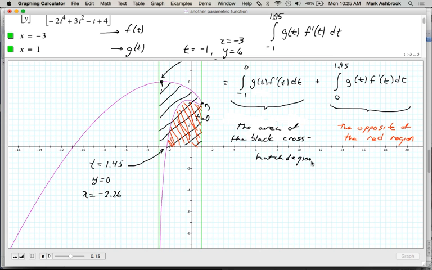So when I take the total area of the black crosshatch region and add the opposite of the red region, what do I get? Somebody new, volunteer.